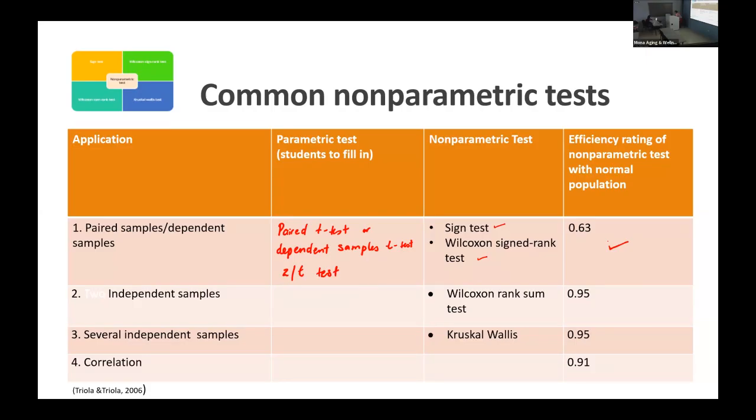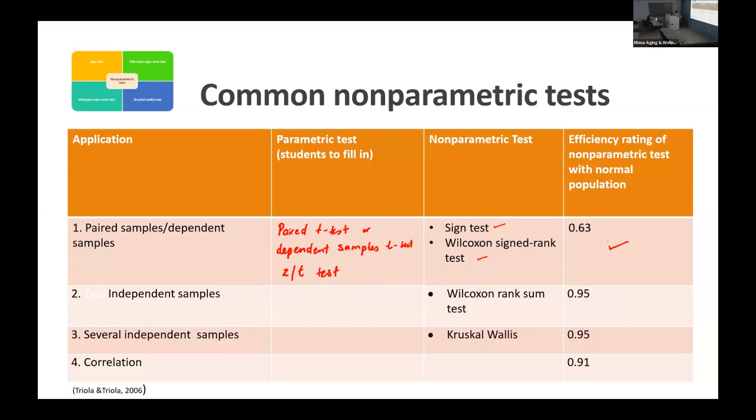Some persons say that if your sample size is extremely large, you may find that, let me rephrase. If your data is normal, you can apply a parametric test or you can apply a non-parametric test. Once the assumptions for the parametric test are met, you can use either one of them.